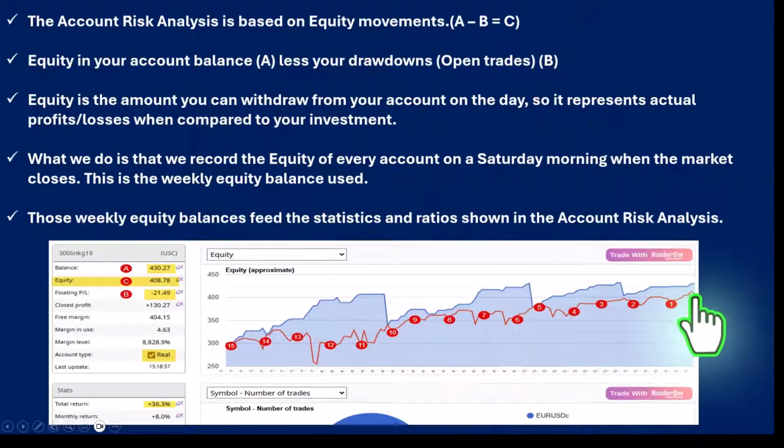But to show you, what we take is the equity reading on a weekly basis, and we look 8 weeks back and say, where was the equity 8 weeks back? Where is it now? So that is our true profit. We don't look at the account balance, we look at the equity balance.